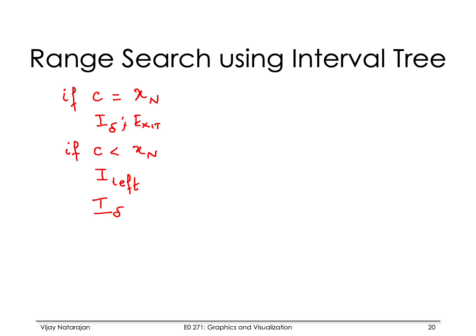In this case, to report all intervals that contain C. Let's remember how I sub delta was created. So remember that they all spanned x sub n, long or small, they all spanned x sub n.